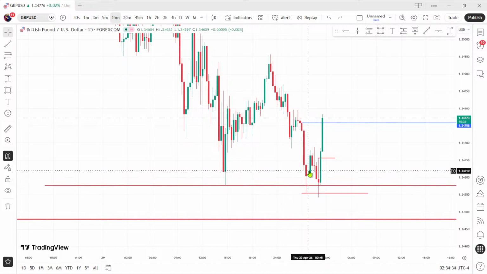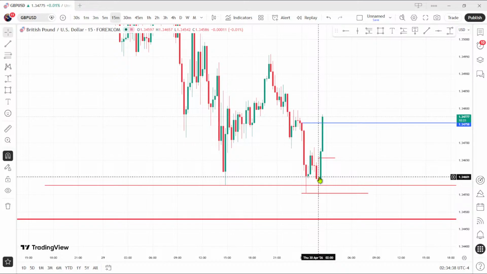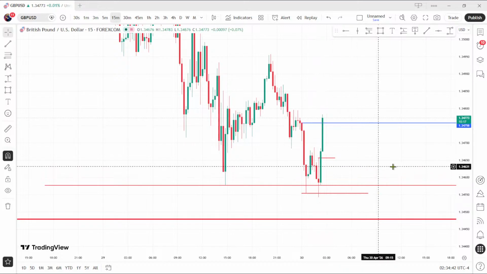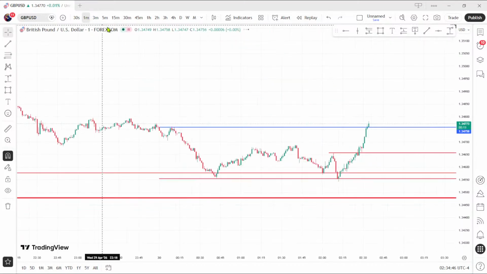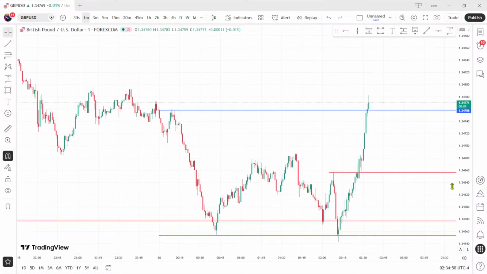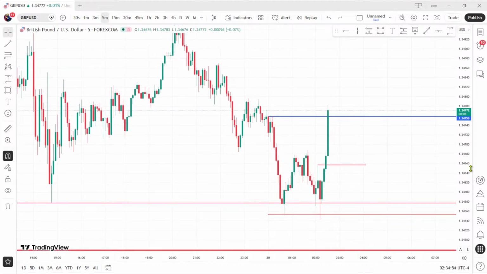That's a fake run here, you see. Soaked it and started rallying. Now any retracement to a 1-minute fair value gap or a 5-minute fair value gap, entry to a 5-minute fair value gap.